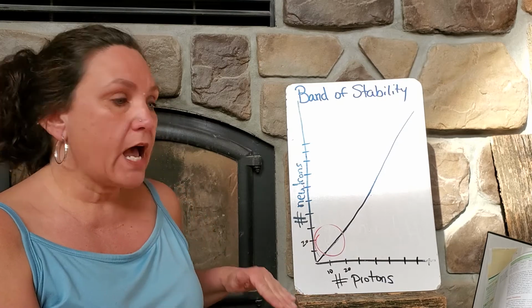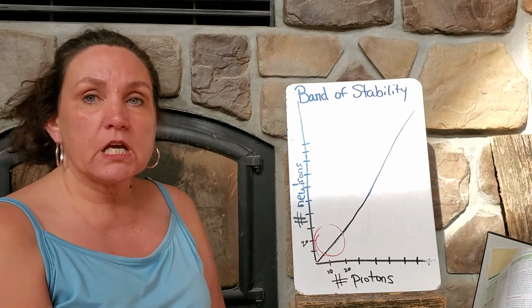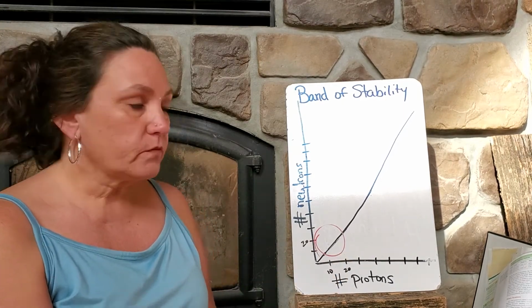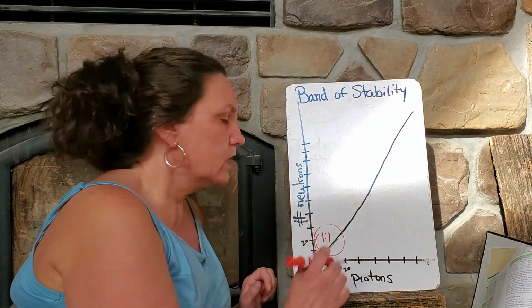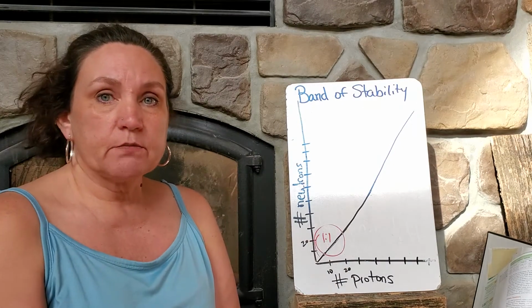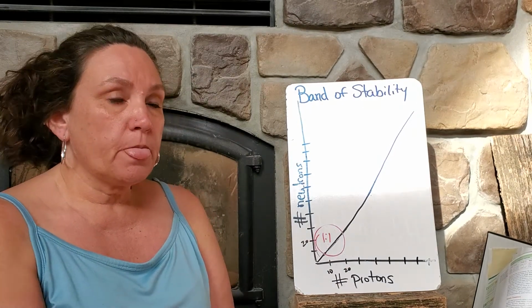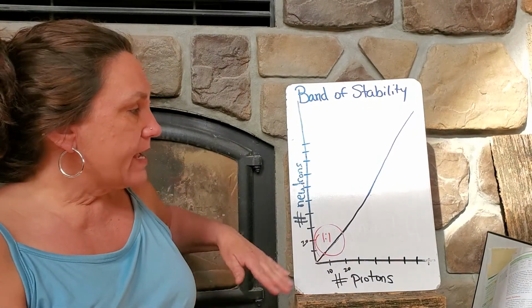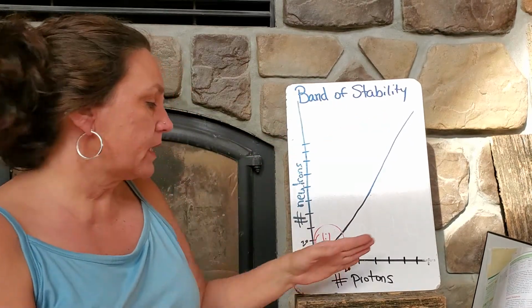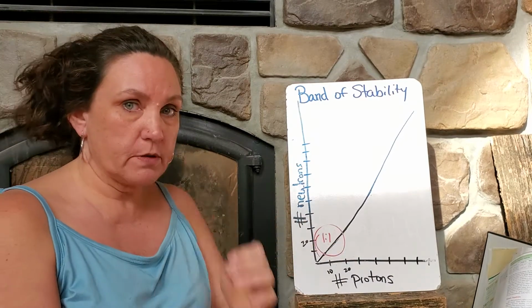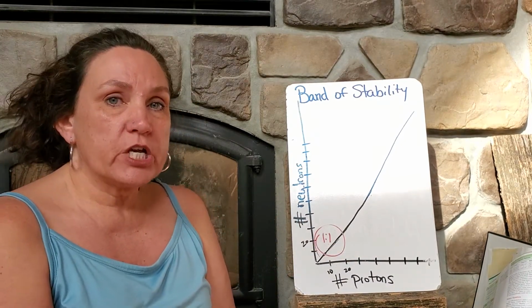So until we get up to approximately atomic number 20, we have our protons and neutrons in a 1-to-1 ratio, and that seems to be the stable arrangement. As we get higher up on the periodic table, higher atomic numbers, it kind of changes.